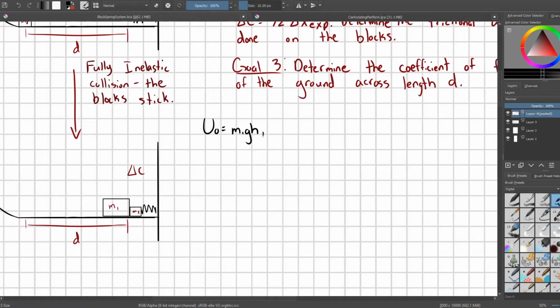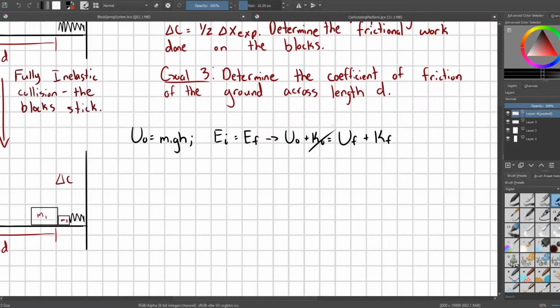So, therefore, EI equals EF. And we can just write this out in full. U naught plus K naught equals U final plus K final. But we're just dropping the block, it has no initial velocity, and its U final is 0 at the base of the slope.